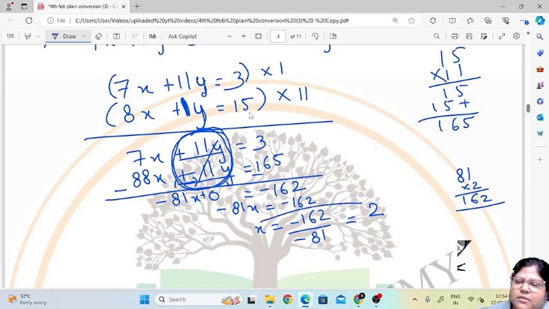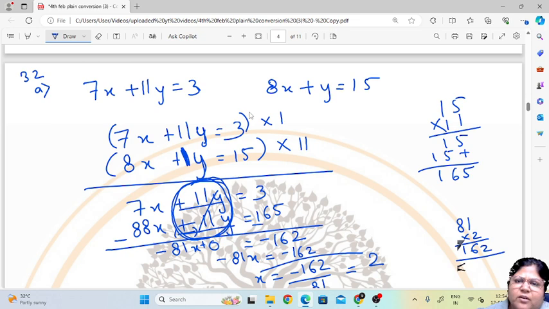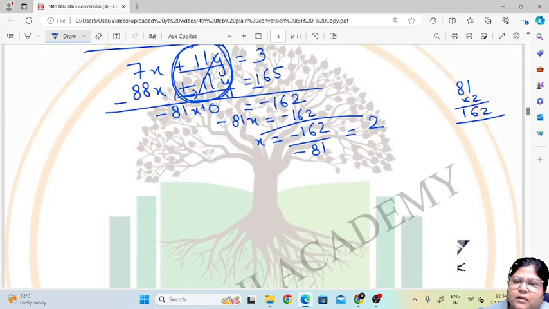Here we are doing a part of the substitution method. You will put x equals 2 in any of the equations. If I put it in the second equation, this is your first equation, this is your second equation. The second equation was 8x plus y equals 15.